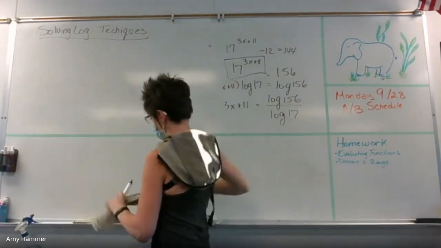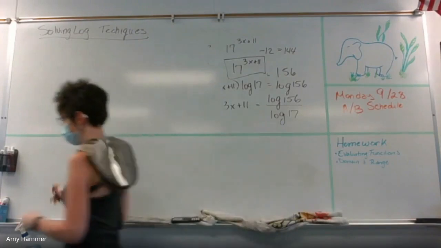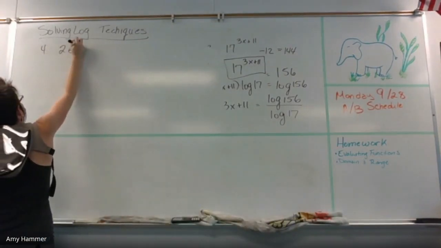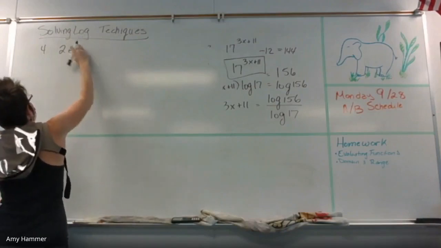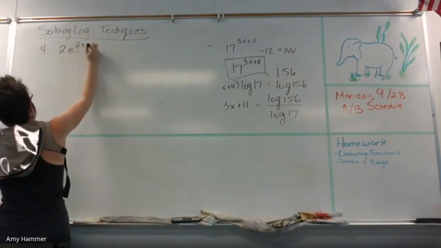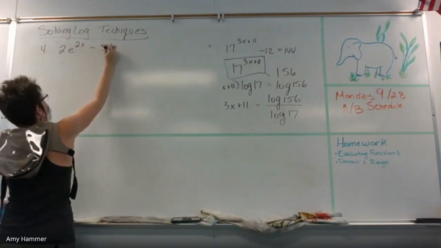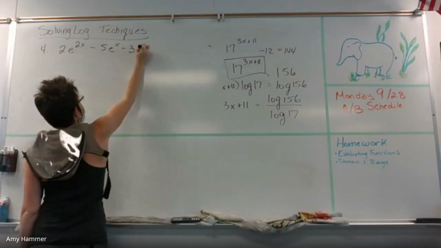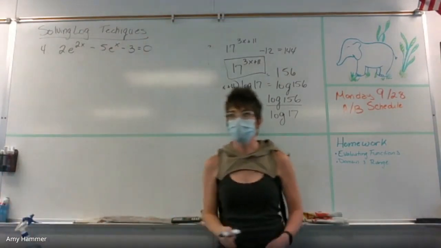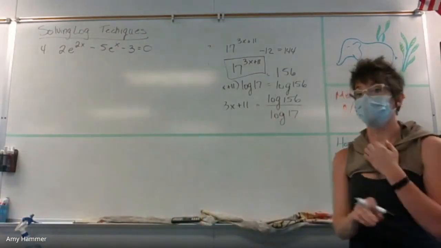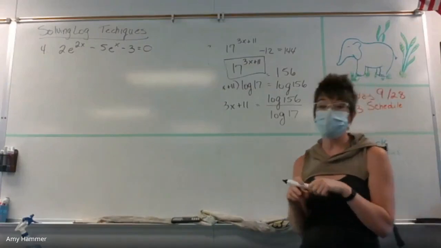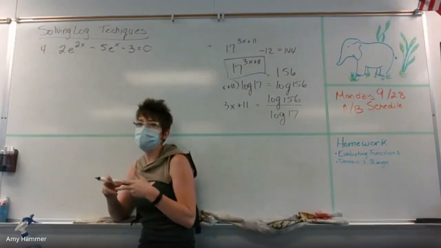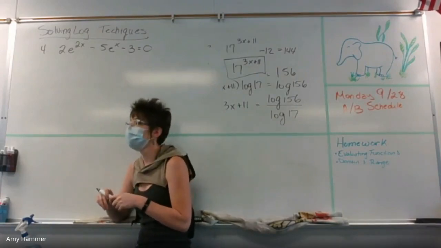This is actually a super cool problem. If you're solving something that looks like this, what you're actually solving, you might not even see it yet, is something similar to a quadratic equation.